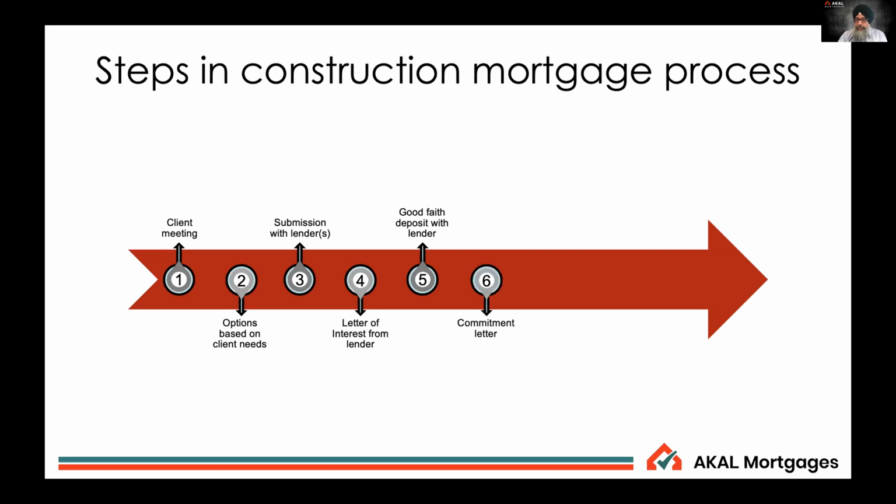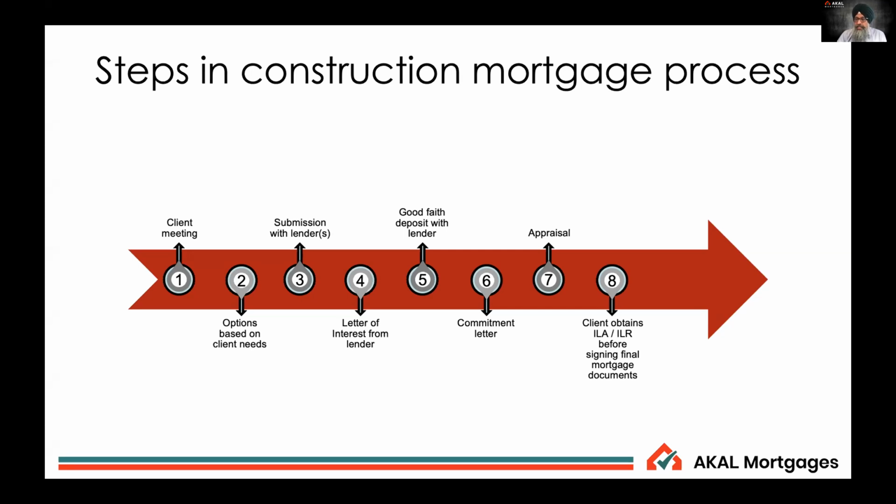Right after that, a commitment letter is issued, and we always advise, right after the appraisal, that clients must obtain ILA, which is independent legal advice, or ILR, which is independent legal representation, before signing the final mortgage documents.